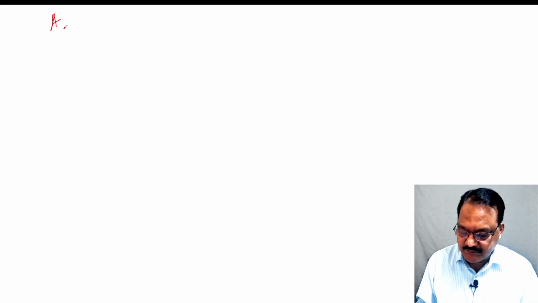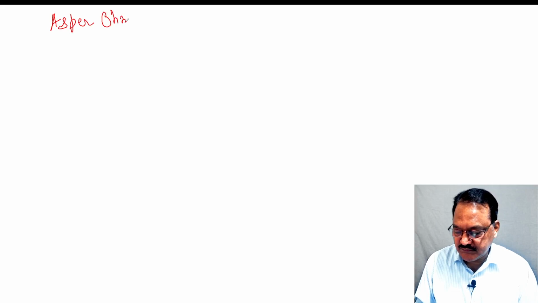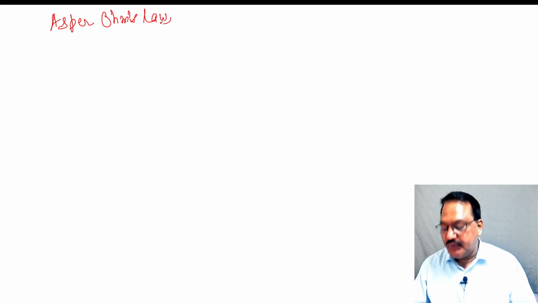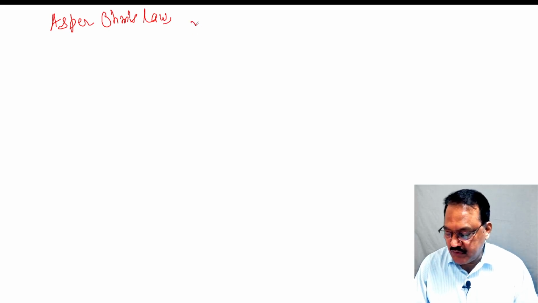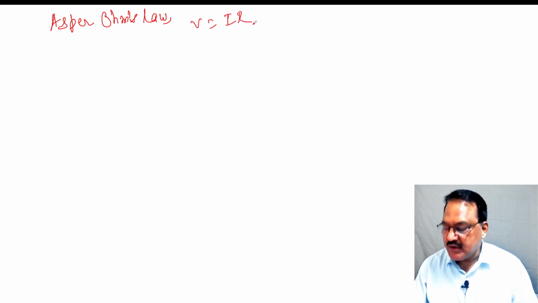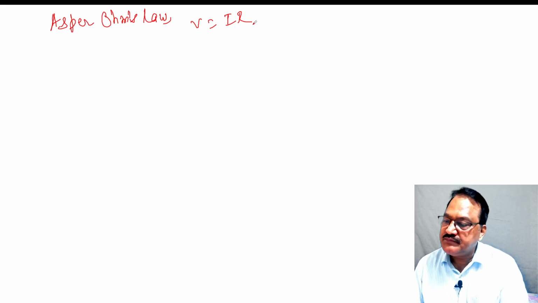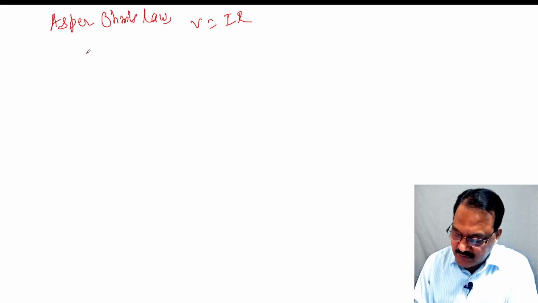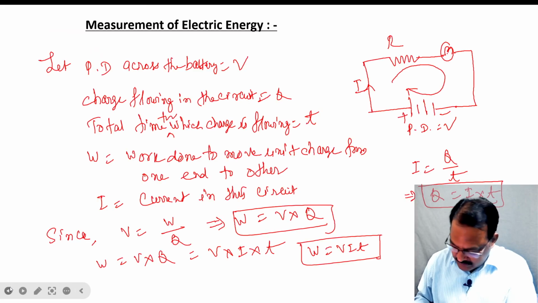As per Ohm's law, we know V is equal to IR. So we can put this value in that equation. What we have written here? W is equal to VIT.